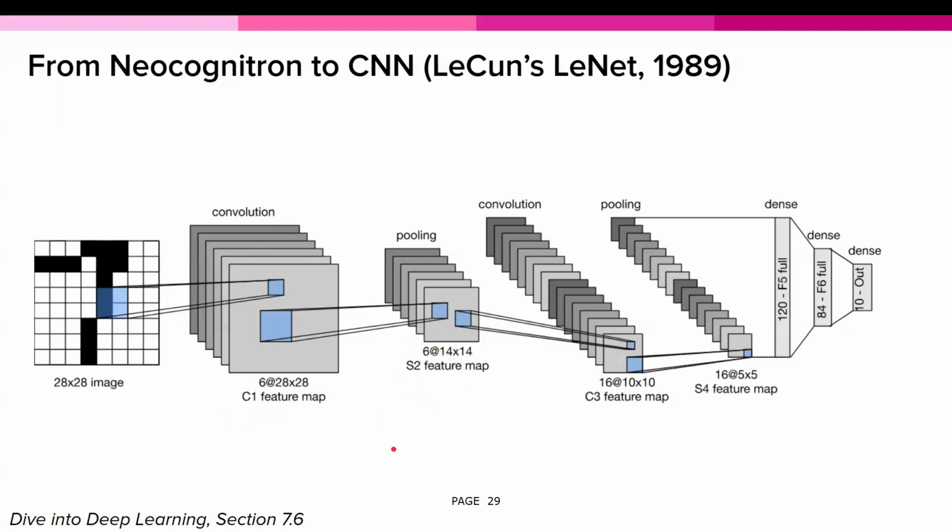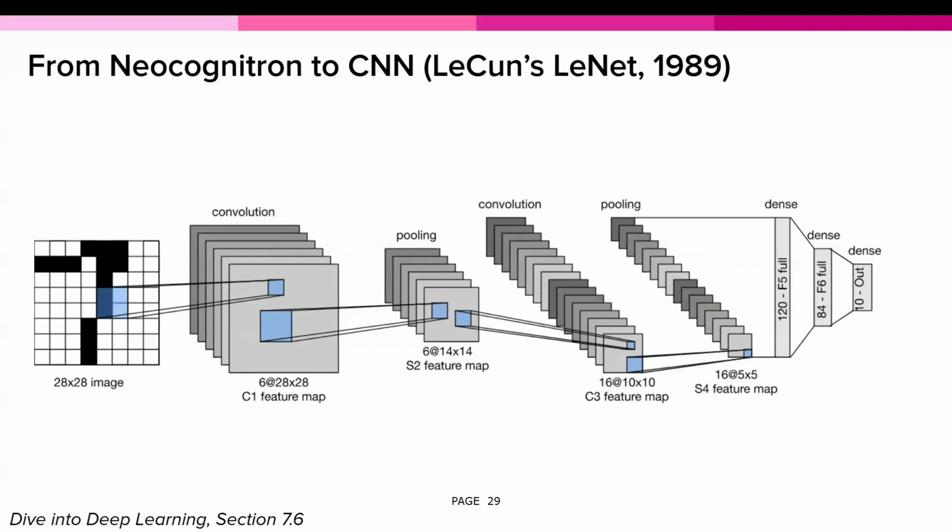LeNet leveraged the convolutional structure inspired by the neocognitron, but added the powerful tool of backpropagation to train the whole network at once. This made LeNet one of the first convolutional neural networks to be successfully trained end to end, and it achieved impressive accuracy, even rivaling the performance of support vector machines that had come onto the scene at the time.